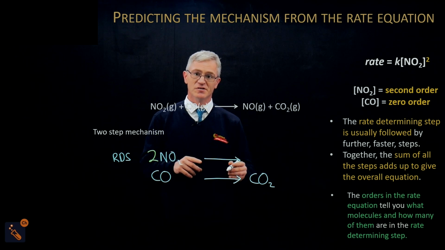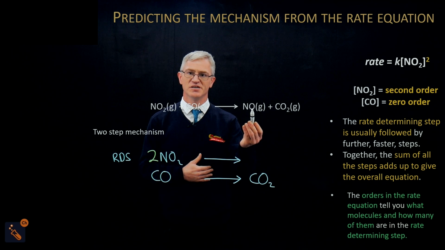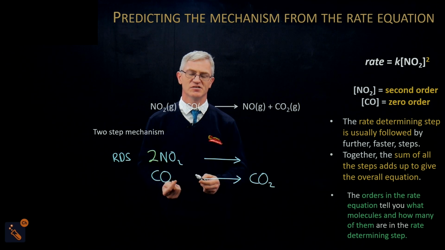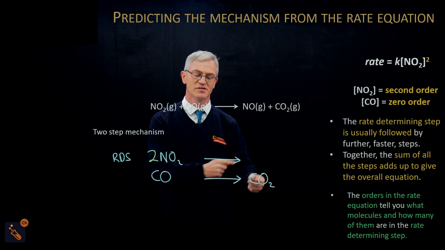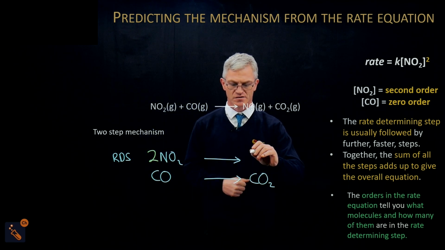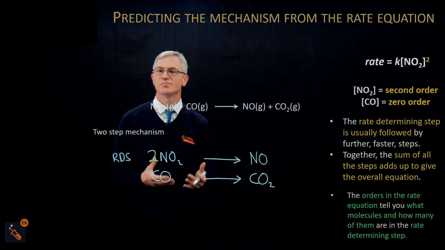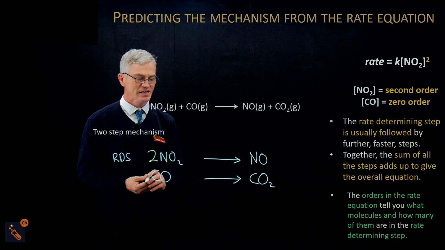Now from that point, you then have to think a little bit harder. So we've got NO here, and we haven't got any nitrogen that we can see down here for the starters. So it makes sense that this NO is at the top. Now if we put the NO there, this is where you have to be really imaginative.